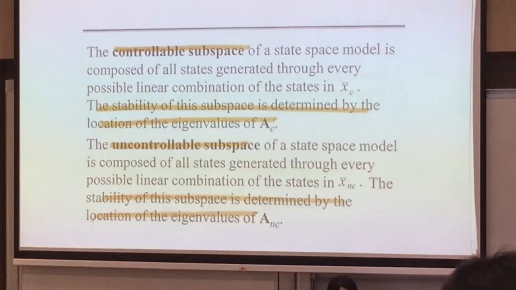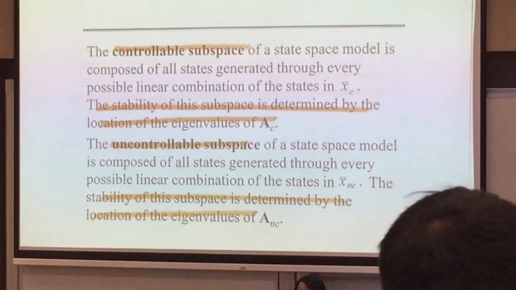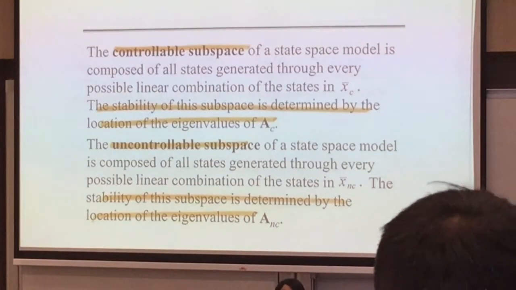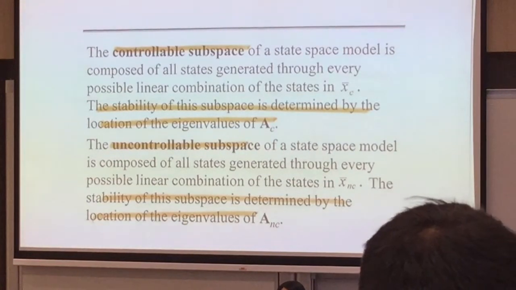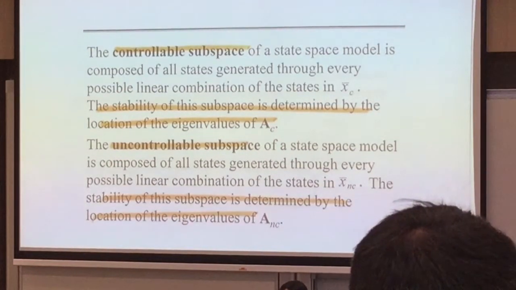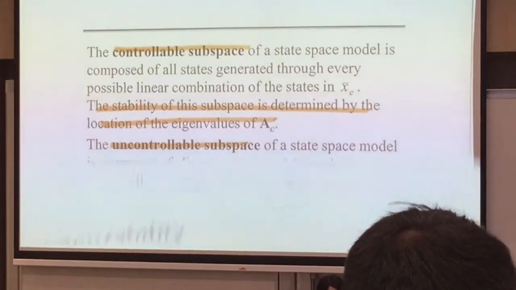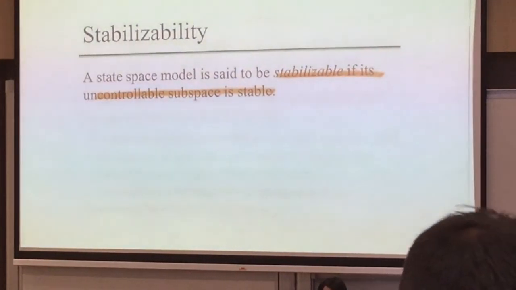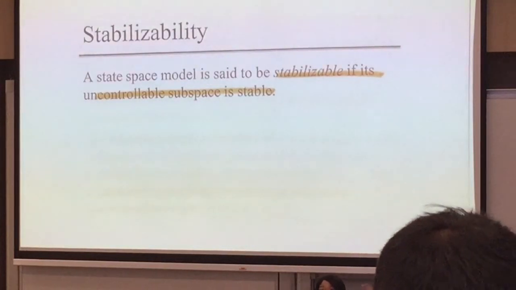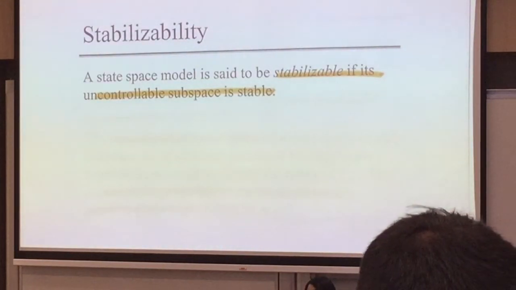You can influence the eigenvalues of AC through an input, but you cannot influence the eigenvalues of ANC. But if the eigenvalues of ANC are stable, meaning they are not unstable, we say that the system is still stabilizable, because the uncontrollable portion is stable.